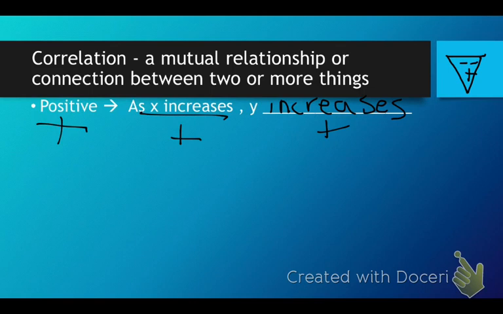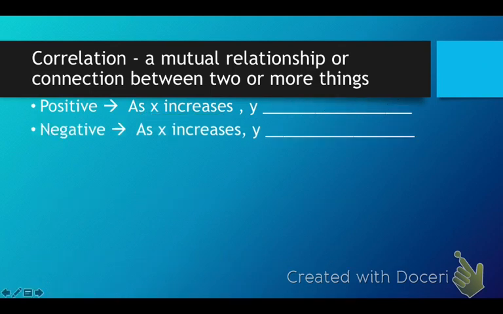So that means increases make a positive. On the other side of that, a negative correlation is as X increases, Y decreases. So now we have a positive and a negative, which makes a negative.